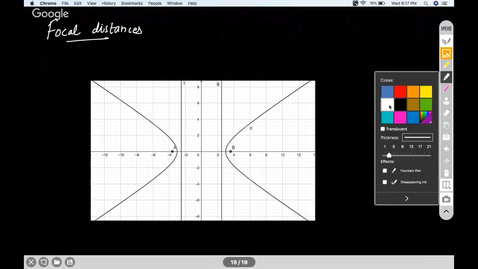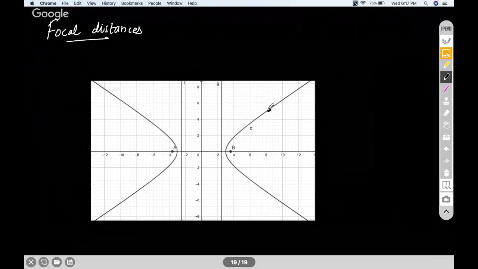Let me pick up a point over here. What is the distance of this point from this focus and from this focus is what I'm interested in. Let's say this is P, and let's say this point is S1 and this point is S2.